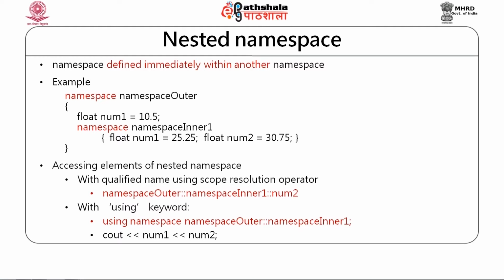So, we say using namespace and the name of the namespace, but the name here needs to be qualified because it is defined inside namespace outer. So, we will have to say using namespace outer::inner1. Now we can just access num1 and num2 from namespace inner1 by simply using the names num1 and num2. No need of a fully qualified name, but it does not stop us from using a fully qualified name.